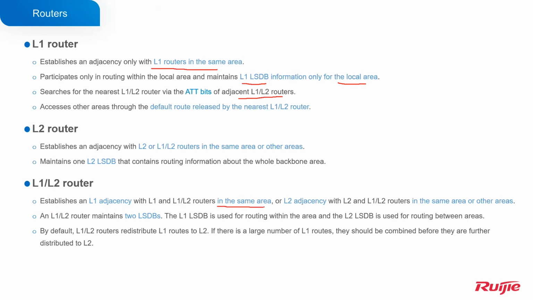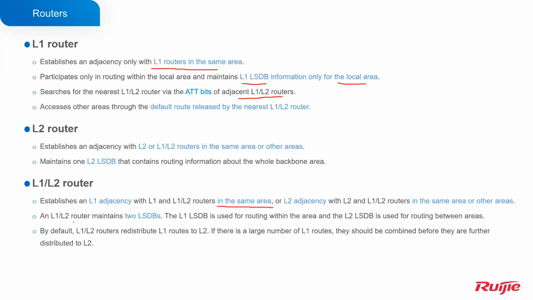If you want to establish the level 1 relationship, you must belong to the same area. And also you can establish the level 2 adjacency with a level 2 router and also a level 1 and level 2 router. And no area limitation. You can be in the same area and also in different areas.